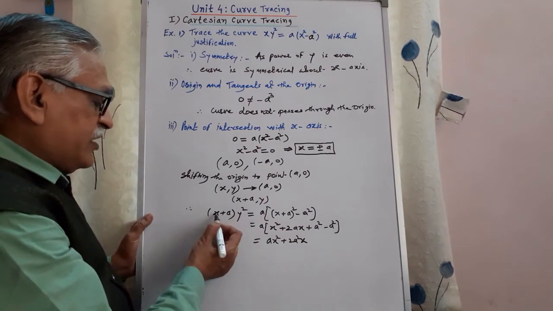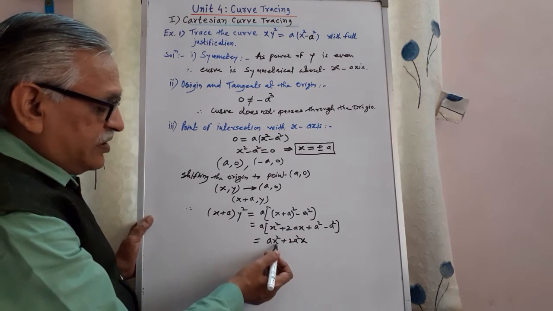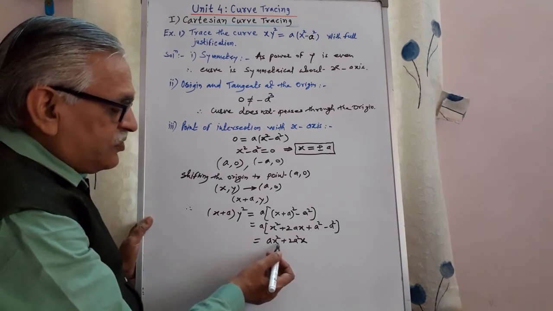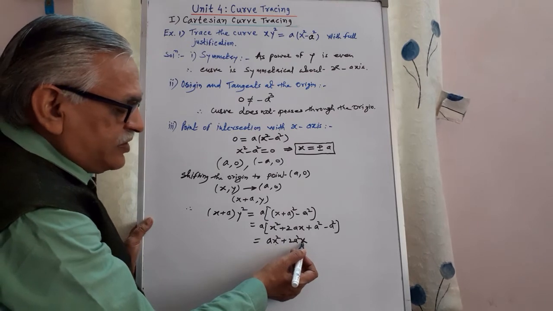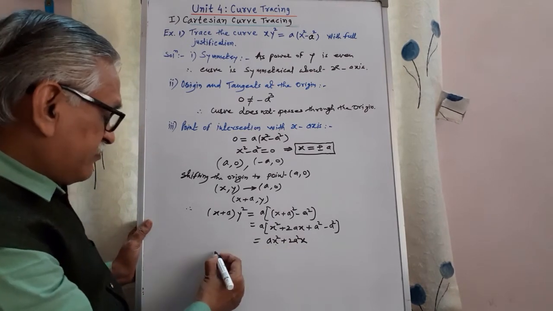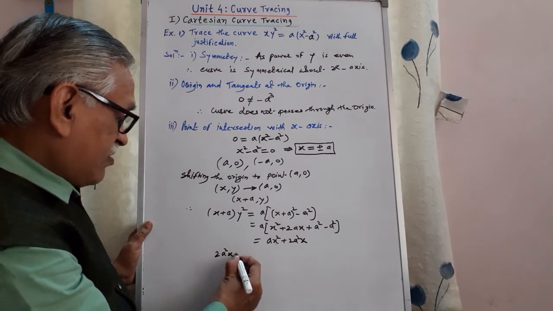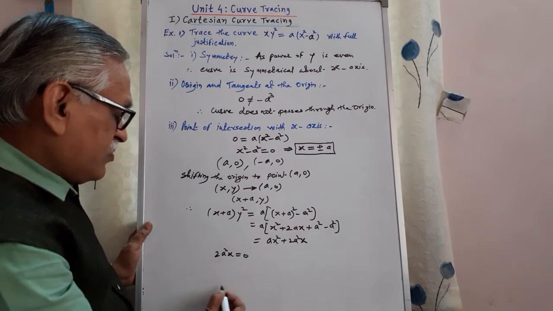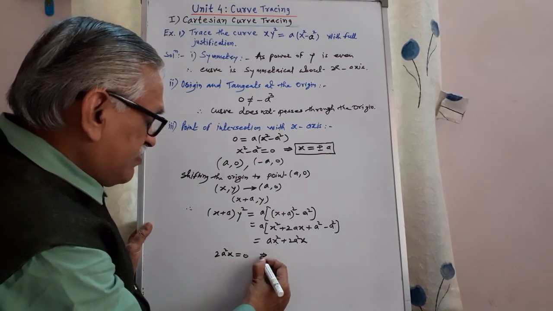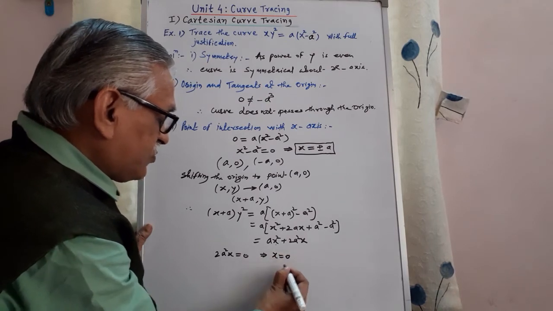The degree of first term is 3, degree of the second term is 2, next with degree 2, and last one is with degree 1. Therefore the lowest degree term is here 2a square x, equating it to 0. It implies dividing by 2a square, we get x is equals to 0.